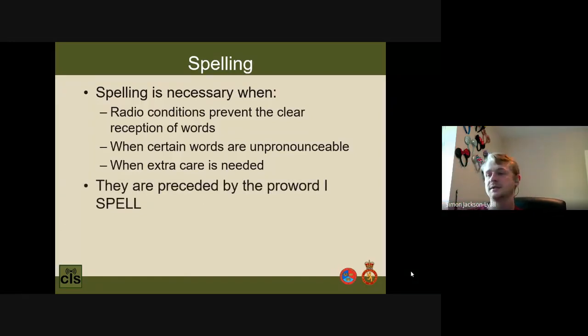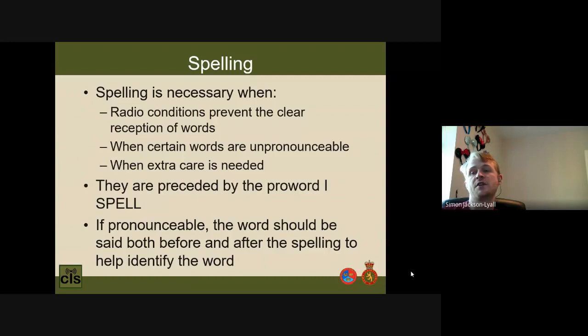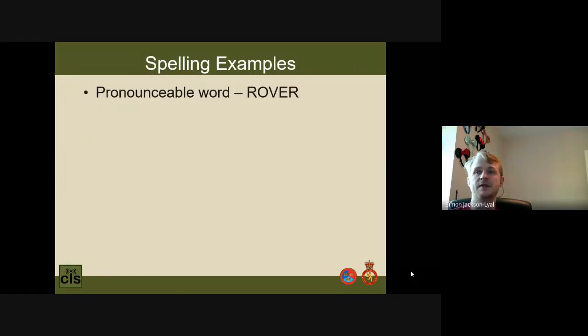So there's another pro word to add to your list, which is I spell. And I spell makes everyone aware that you're going to spell something. So if the word is pronounceable, you need to say it before and after the spelling to help identify the word. For example, I've got the pronounceable word rover, and I've got difficult conditions, so I want to make sure it's spelled.